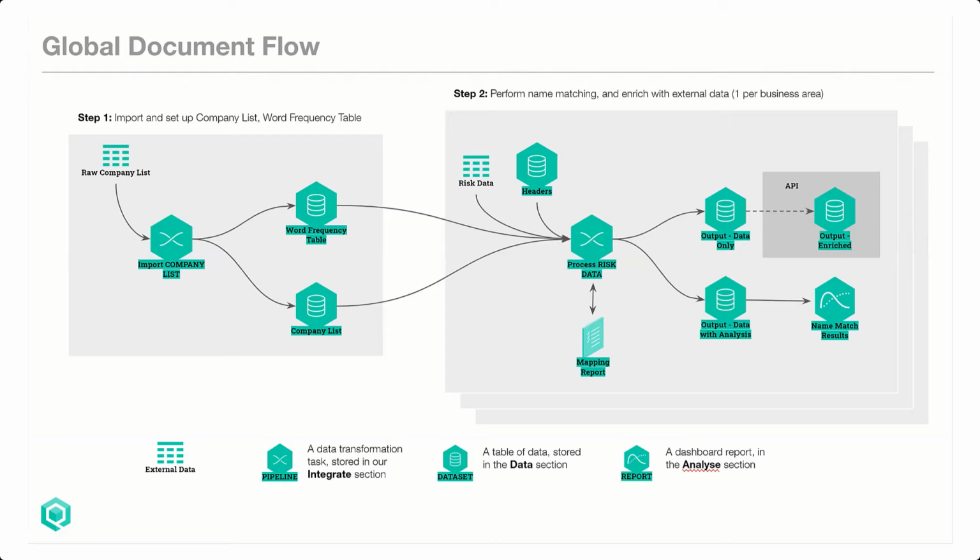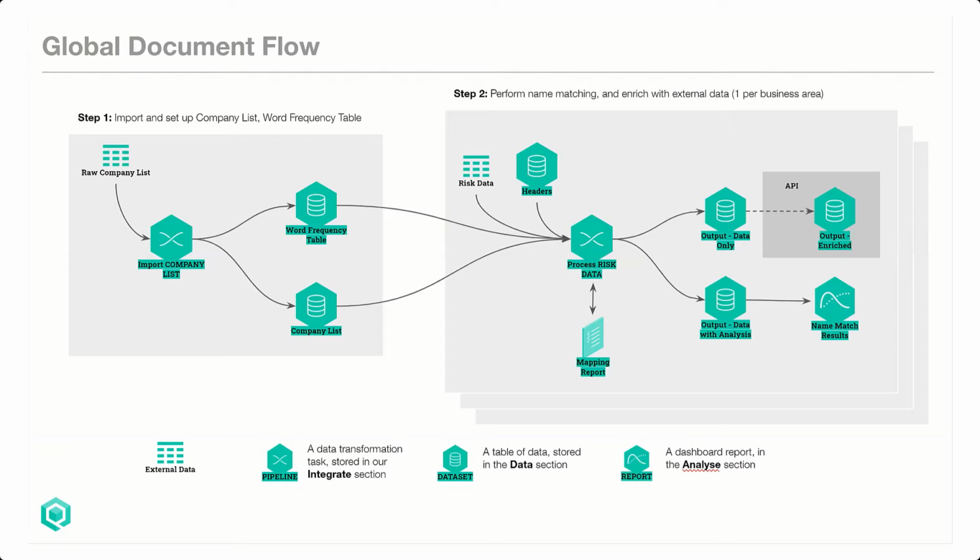Step 2 is doing the name matching. We take the risk data, the header file, the word frequency table, and the company list, and put all that together. What do we get on the output?